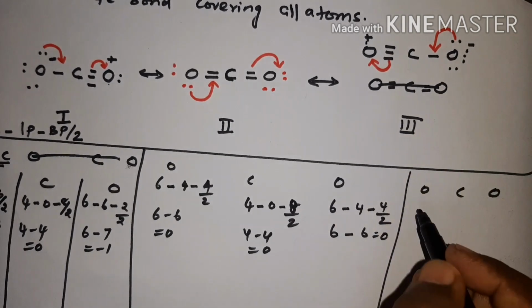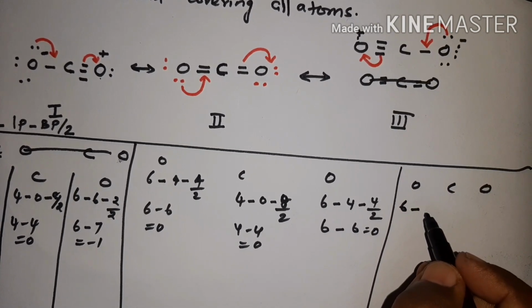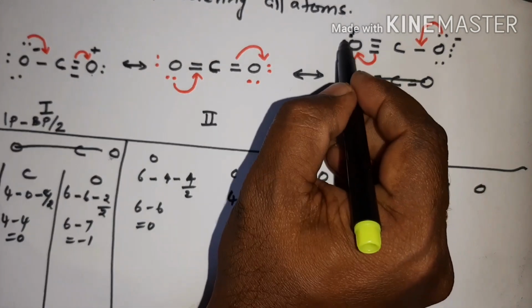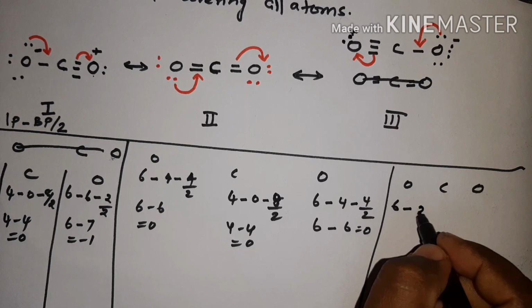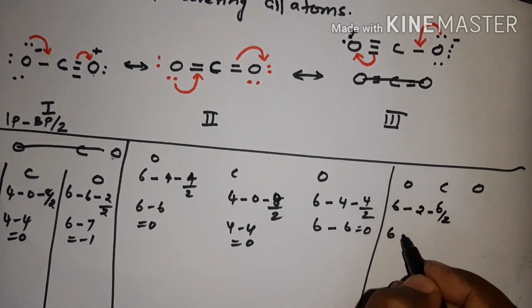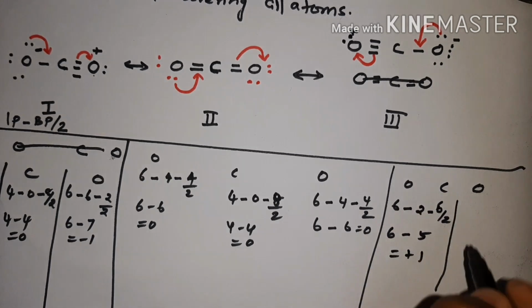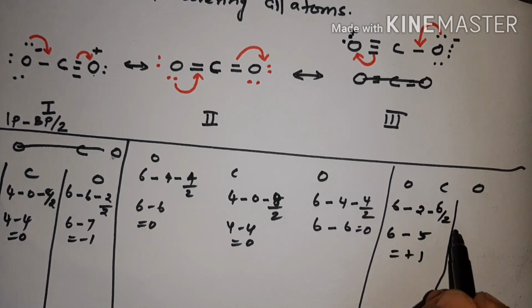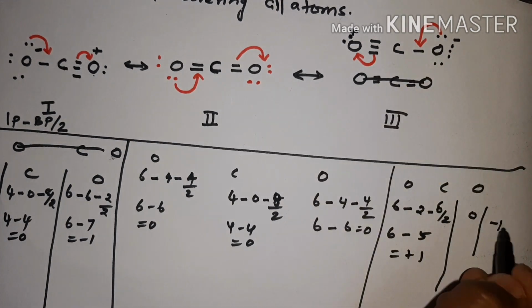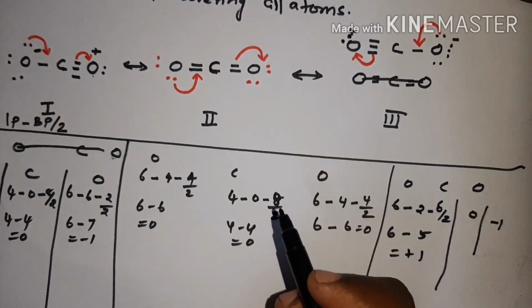How does it come? Apply formal charge: 6 electrons minus 2 lone pairs, minus bond pairs, there are 6 by 2, so 6 minus 5 we are getting plus 1. Also carbon, when you apply it you are getting 0, and oxygen you will get minus 1. So this is the way you have to apply the charge for each atom. So this is called formal charge.